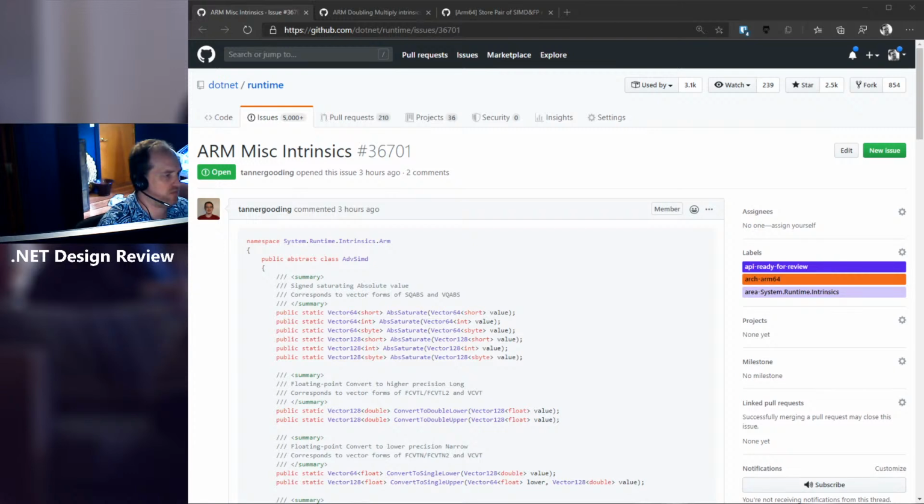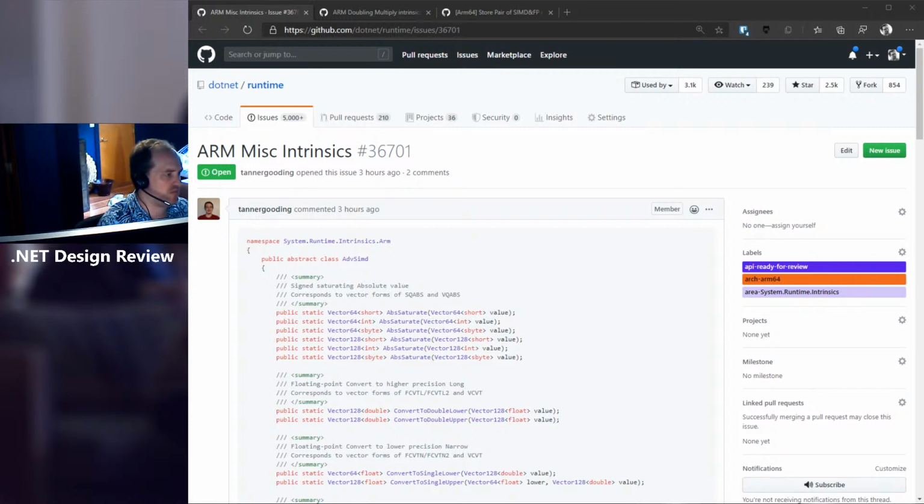So there should be another variant then, convert to double, that takes a vector 64 and returns a vector 128. So that means both of them just get an overload.